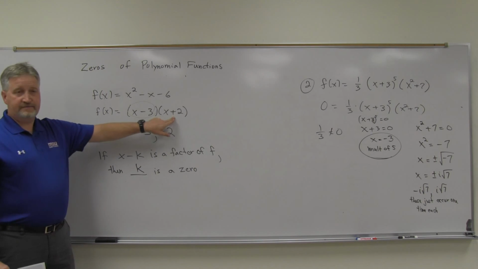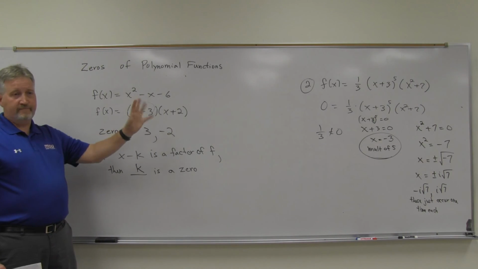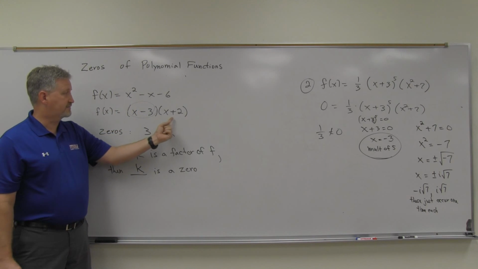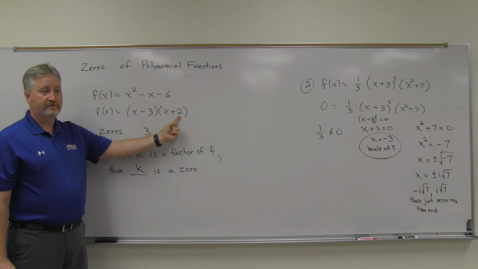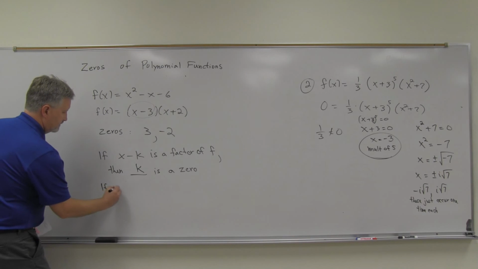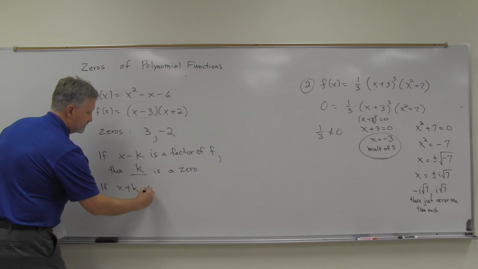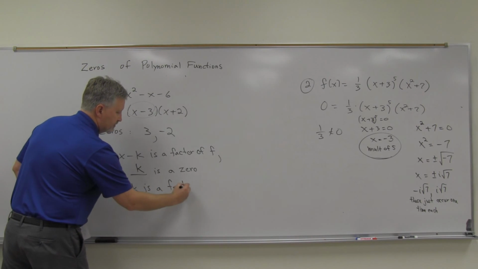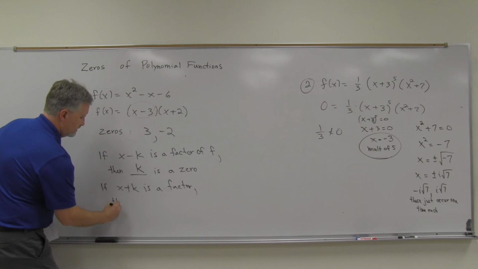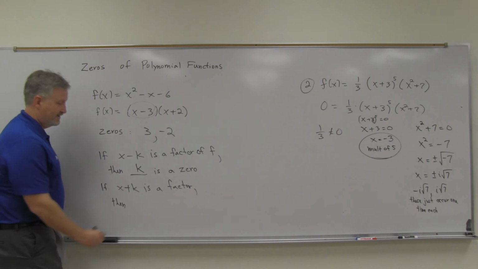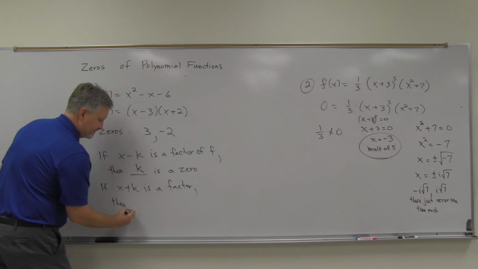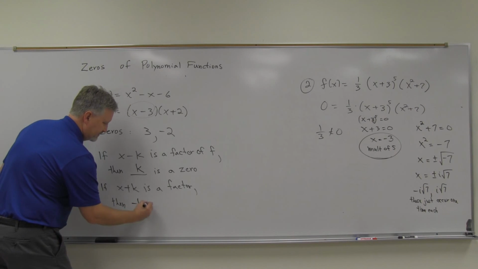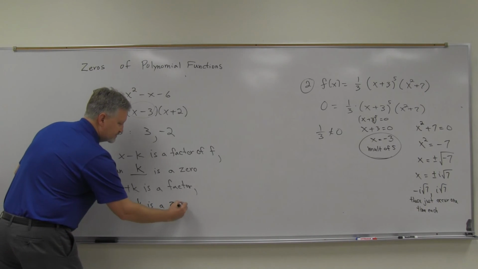Now, on this particular one, we could make a similar observation here. If x plus k is a factor, then what is a 0? Negative k. So how does this work?